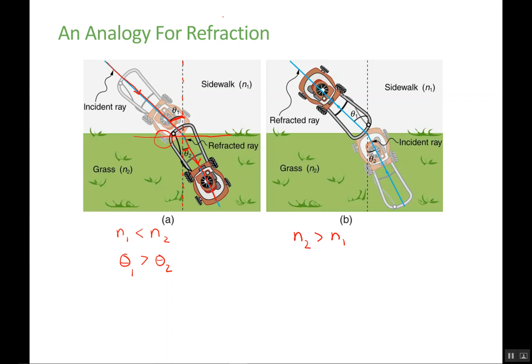And what happens now is the light ray speeds up, and this causes it to bend away from the normal. So in this scenario, the angle of refraction, which is theta 1 in this case, is greater than the angle of incidence, which is theta 2 in this case.